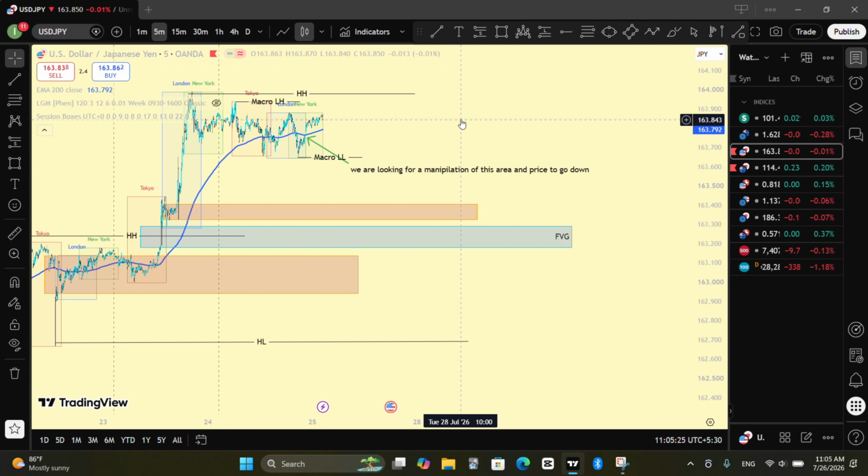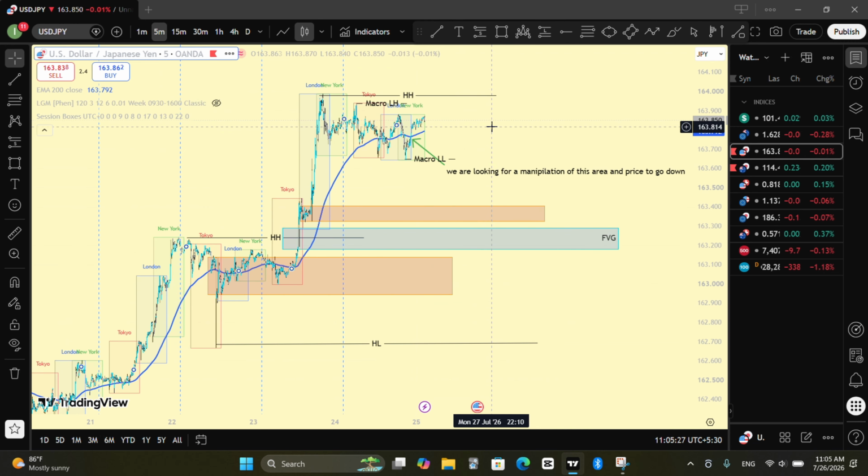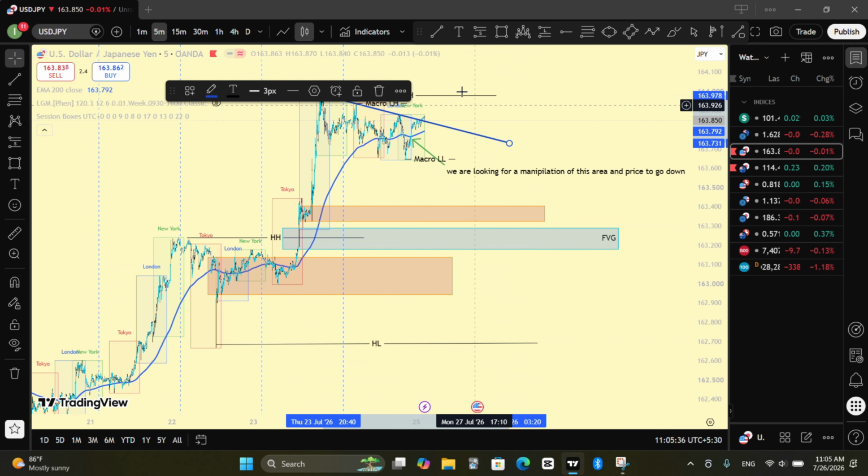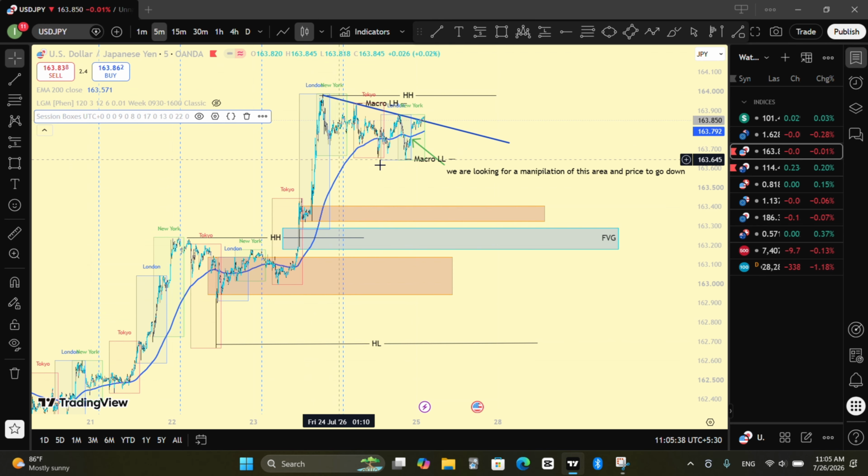In order for price to get to this area, price has to do a liquidity grab. Currently I can see a trend line built up right here. As you can see, there is trend line liquidity right here.